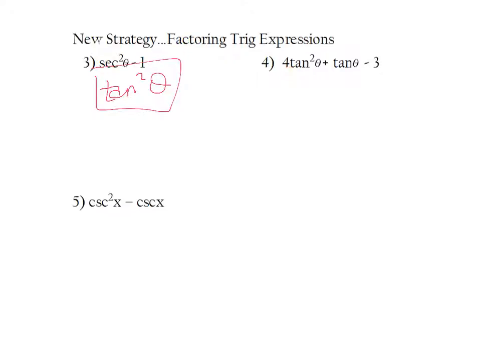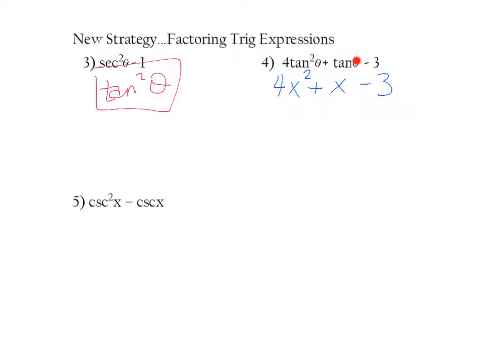If you look at this, it's a trinomial. There's 3 terms to it. And notice here that this is a squared term, whereas this one is not squared, and this is just a constant. This expression right here is really very similar to a 4x squared plus an x minus a 3.